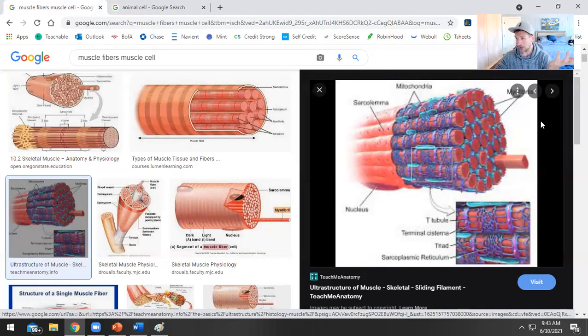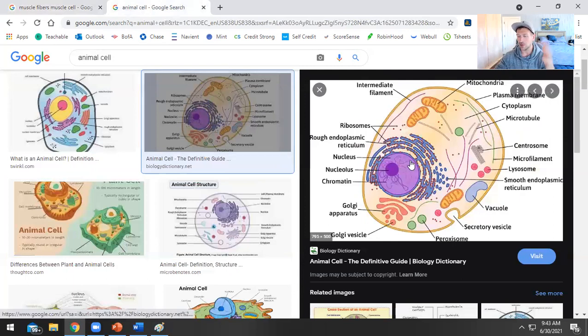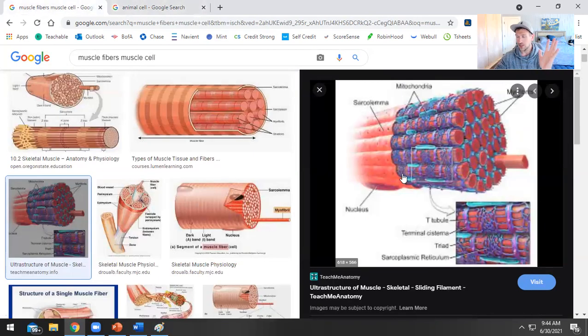So again, it's a normal animal cell. It's got all the mitochondria, it's got nuclei, it's got ribosomes and cellular plasma, which we call cytoplasm. It's got all the stuff inside of it that every cell has. It just looks wildly different because it needs to. It needs to look different because it has a different function. Your muscle cells have to do a lot of contracting, and so they look very different.